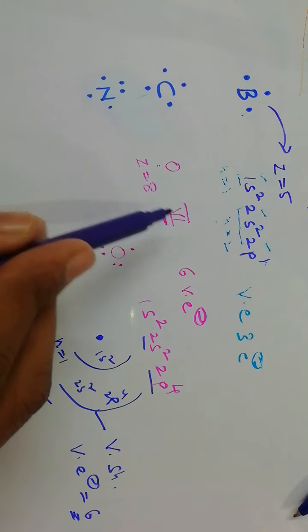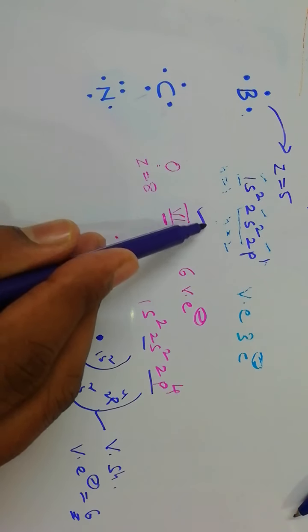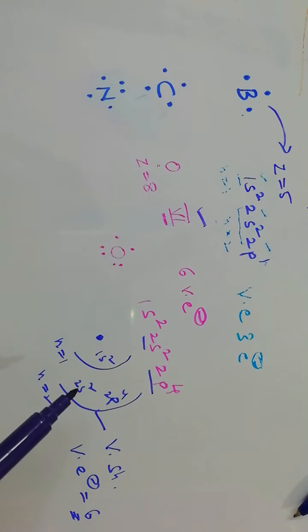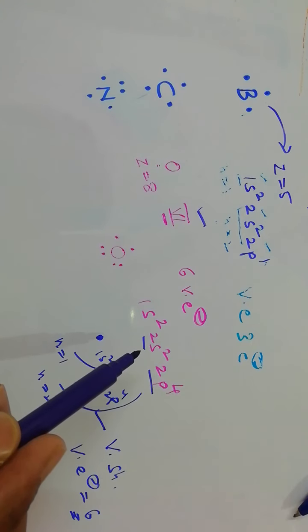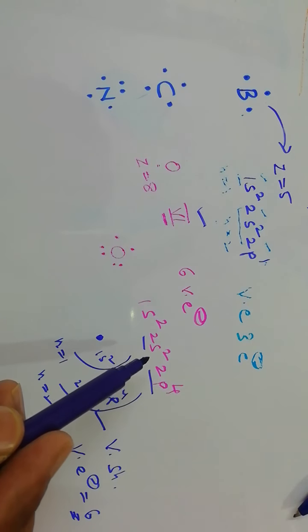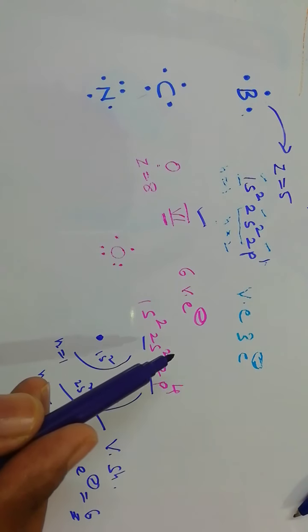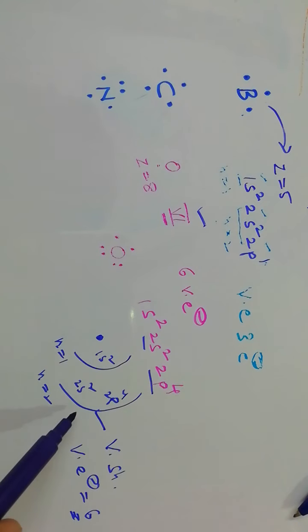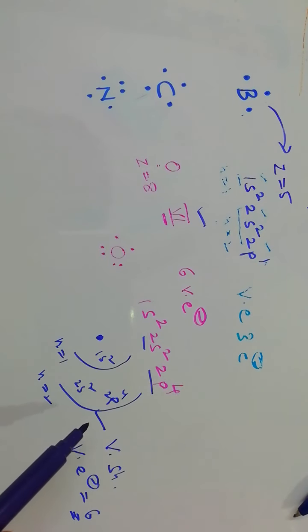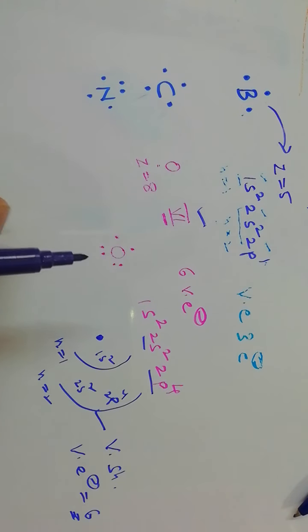Either based on the group number you can select the valence electrons, or by writing the electronic configuration and then taking the total sum of electrons present in the last shell, that is the valence shell. In this way also you can select the valence electrons and write them around the particular atom of an element.